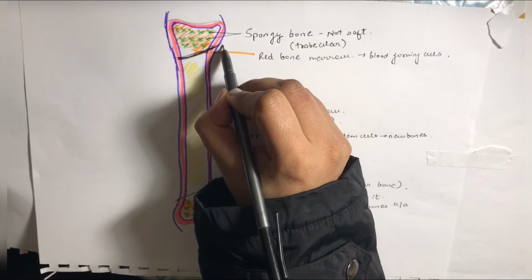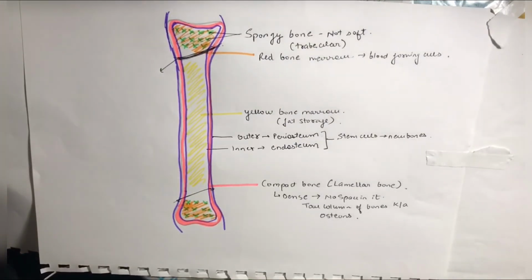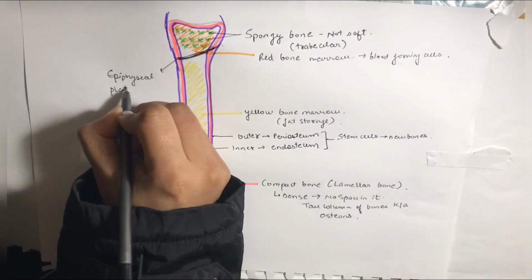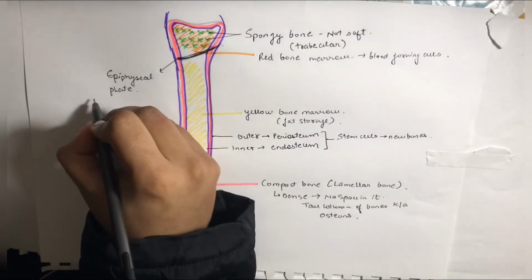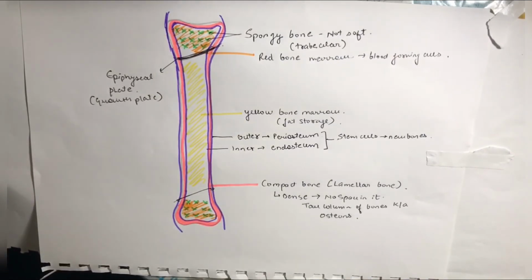Then on both ends I'm drawing this line. This is the epiphyseal plate, also known as the growth plate. This is very, very important. The epiphyseal plate is made up of hyaline cartilage, and this is where length is added to the bone.